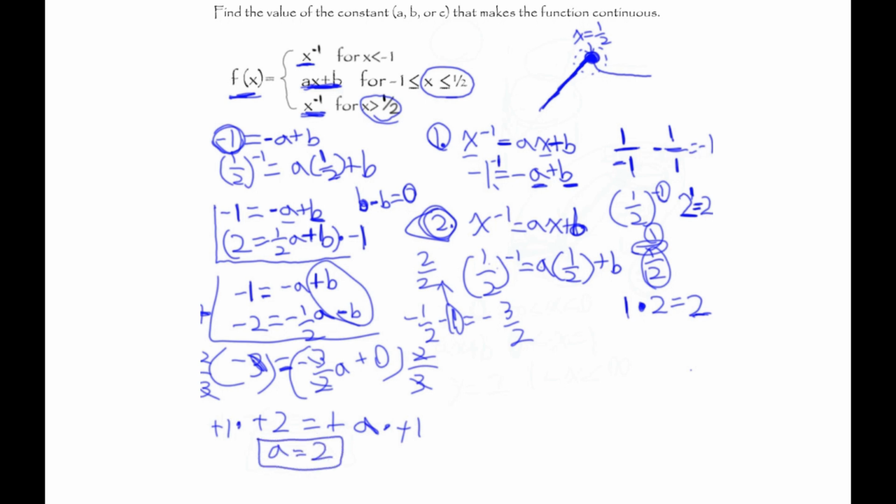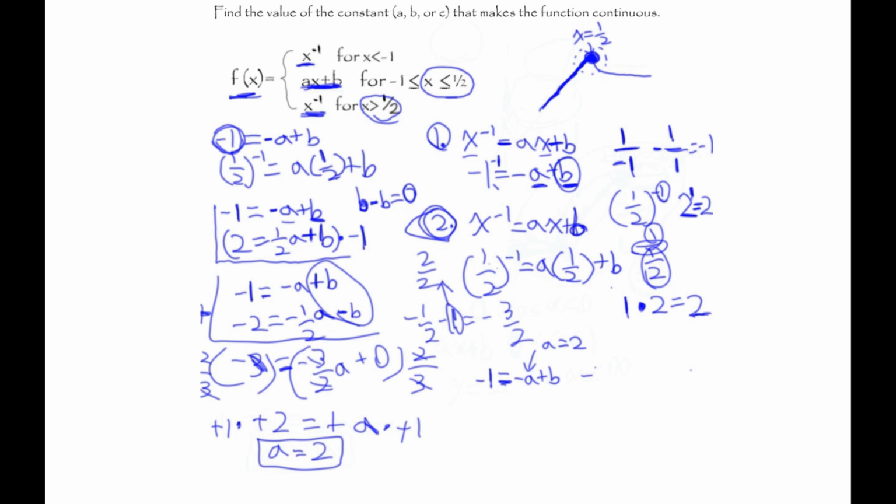Excellent. So we have our first variable, but remember we have to also get our second one, our b variable. So to do that, we'll simply substitute into one of our original equations. I'll choose negative 1 is equal to negative a plus b, simply because it doesn't have any fractions. We'll replace a with the answer we just found, which is a is equal to 2.